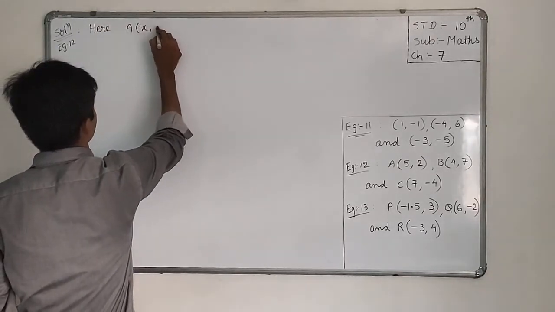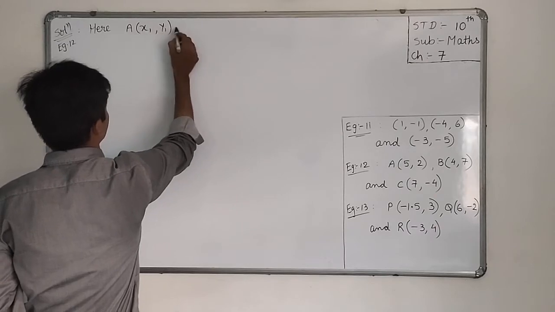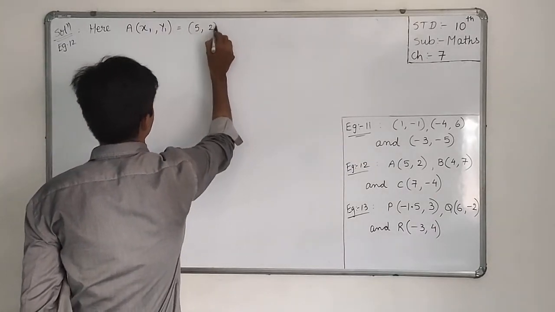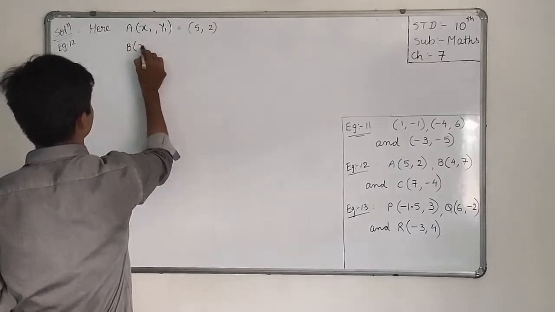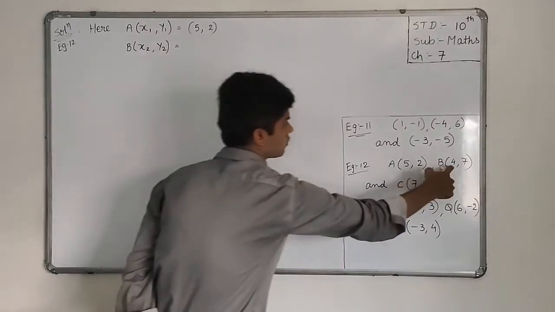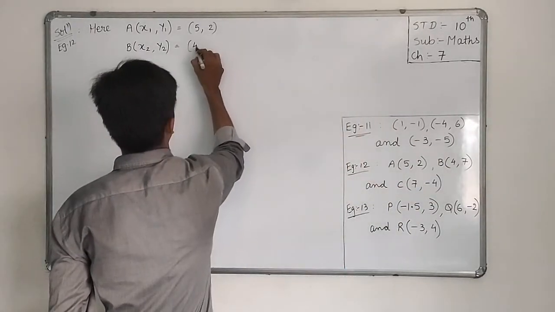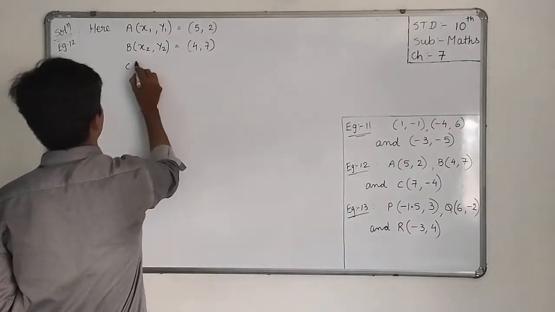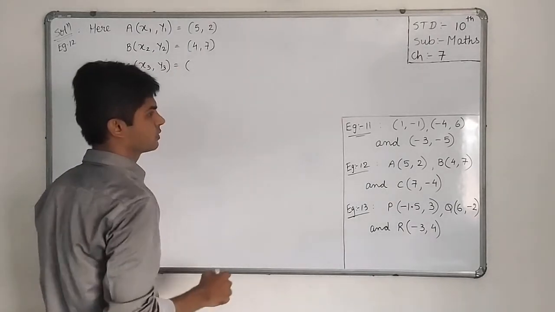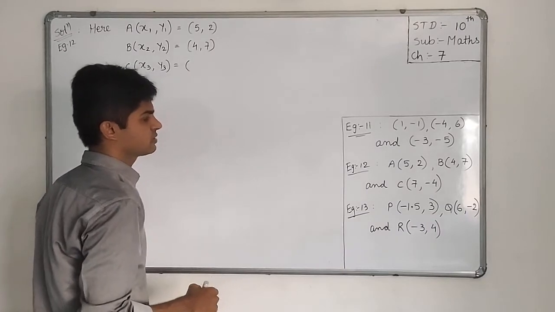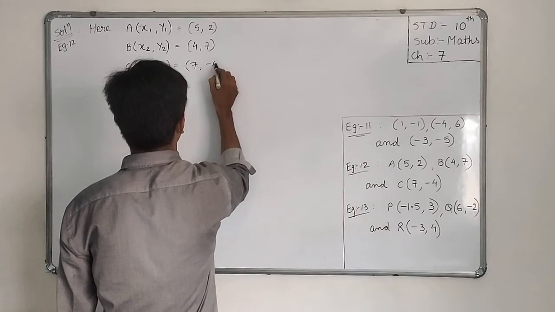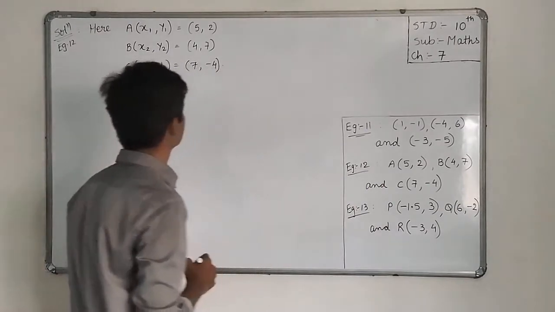Here A x1 y1 is 5, 2. B x2 y2 is 4, 7. C x3 y3 is 7, -4. Understood?